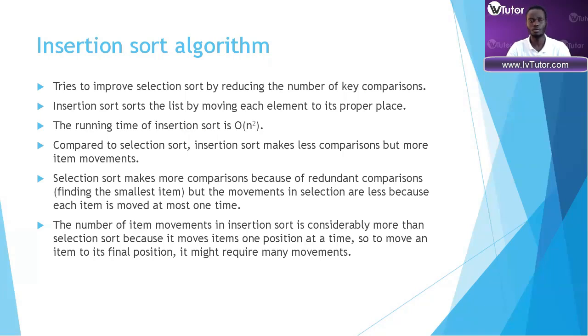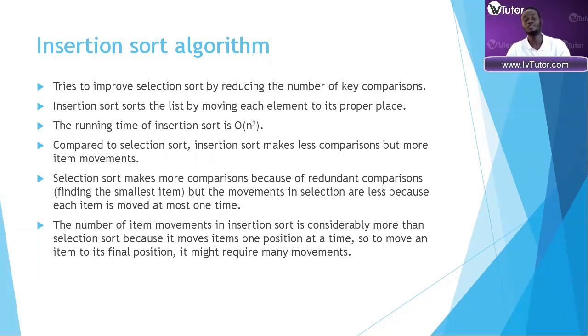The insertion sort algorithm makes fewer comparisons compared to selection sort, but it does make a lot of movements. In summary, it picks an item from the second index and tries to move each item towards the top of the array, or towards the left side of the sublist, until it encounters an item that is greater than the current item.